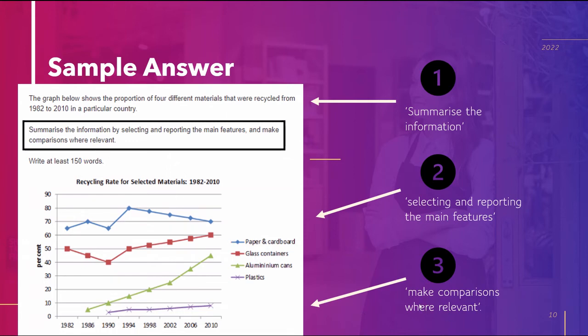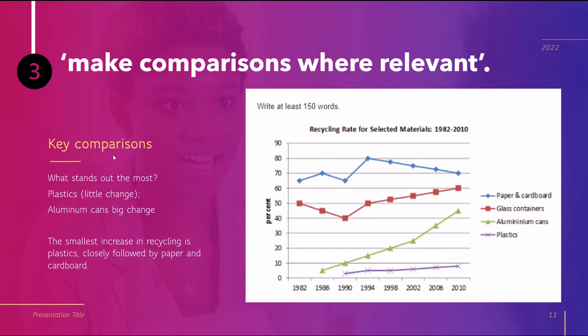Okay, so the next part of the question is to make comparisons where relevant. And again, like I mentioned earlier on, this is where we need to think about what stands out the most. Okay, what stands out the most? So to me, when I look at this briefly, I sort of just skim it. What stands out is that all of these, aluminium, glass and paper and cardboard, they all have quite high numbers compared to plastics, right?